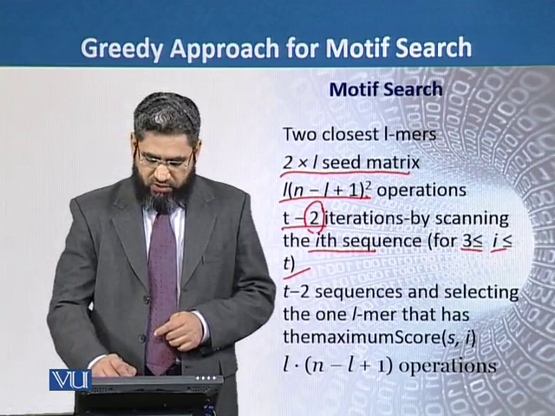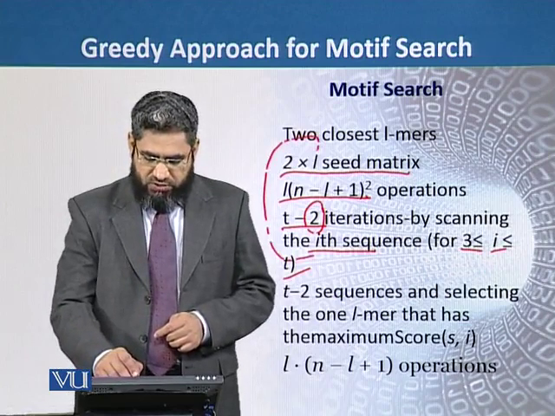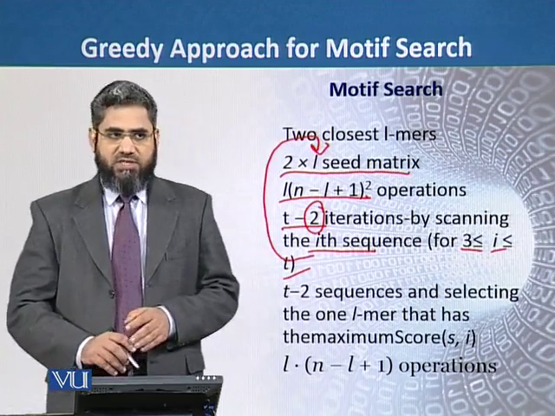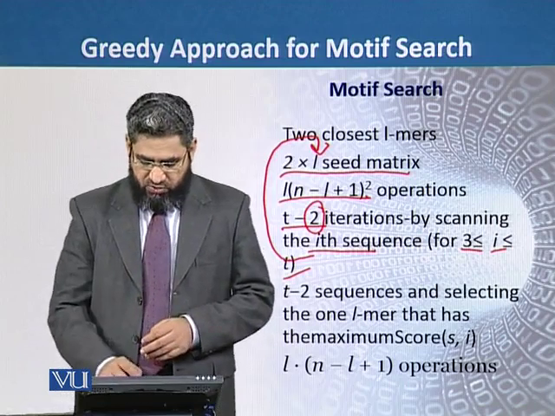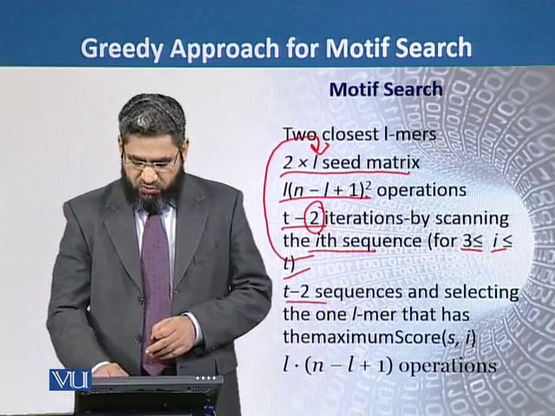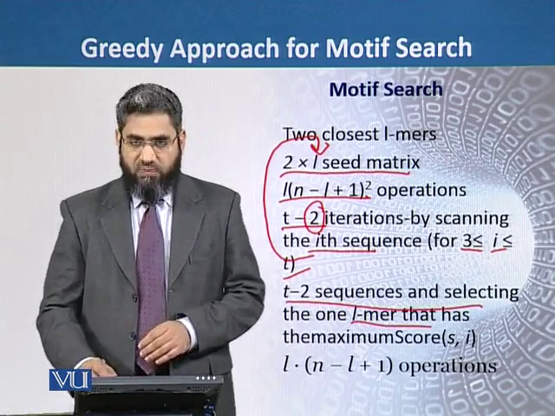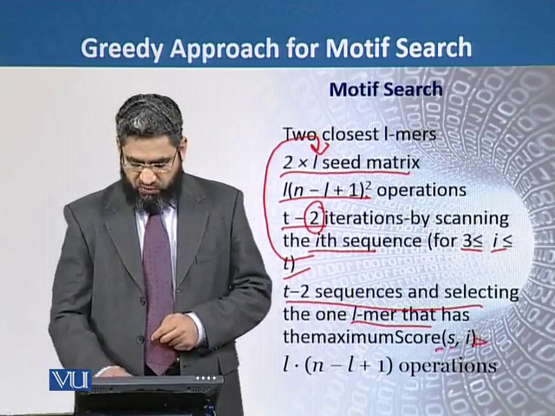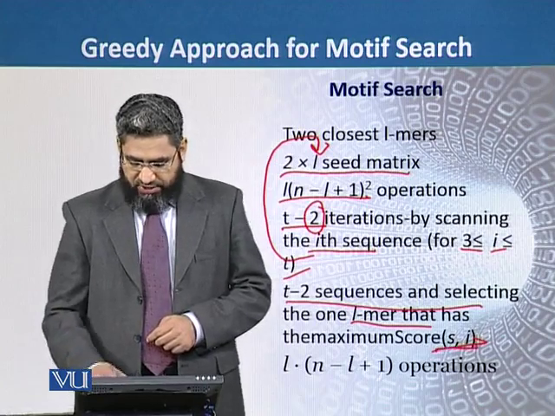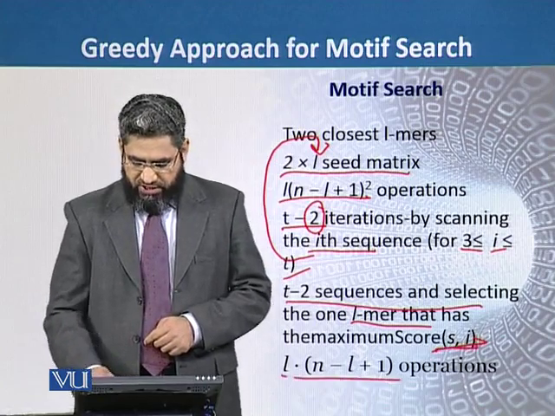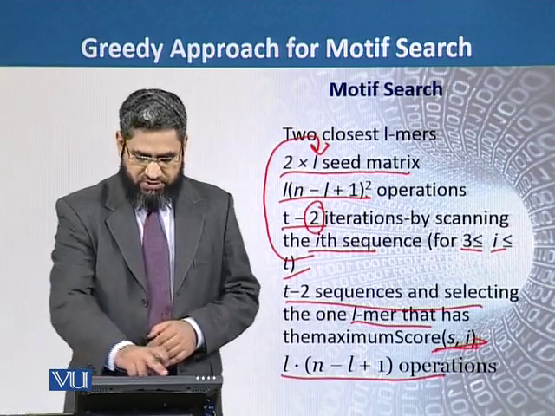It adds one more row to the matrix, so it becomes 3 × l, and for the t minus 2 sequences, selecting the one l-mer that has the maximum score, it achieves the maximum score of s_i, and again it needs this number of operations.